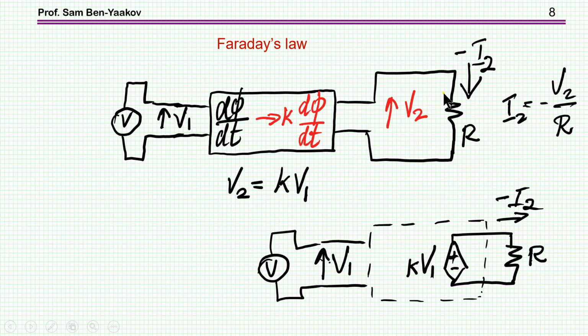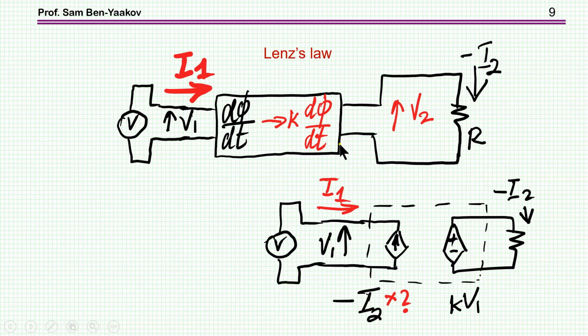This resistor, due to the fact that it has a voltage on it, will pass some current, V2 over R. Now this current passing through this is, according to Lenz's law, invoking a current here at the input terminal. This is the cause of this current, in a certain direction and a certain magnitude.